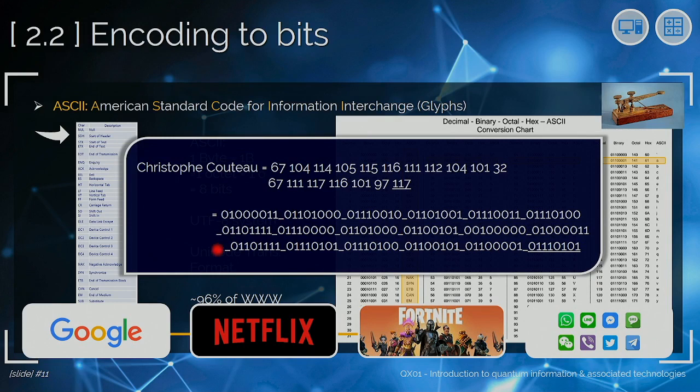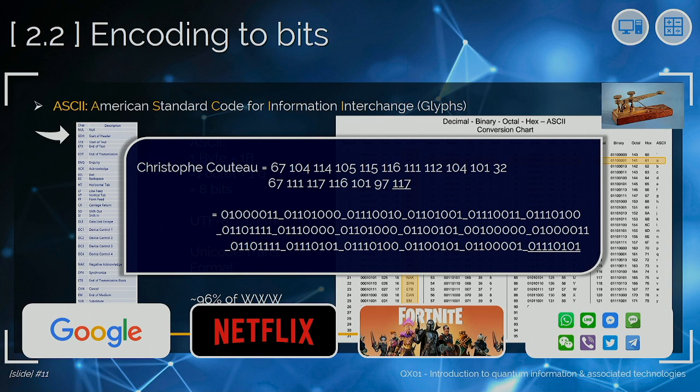And then so on, so H would be 104, and then R would be 114, and so on, until the last one, which is the underscore, which would be 117 for the U. So these would be the numbered ASCII equivalents of these letters, and then I can translate that into binary numbers made of ones and zeros and basically encode my name in binary characters.